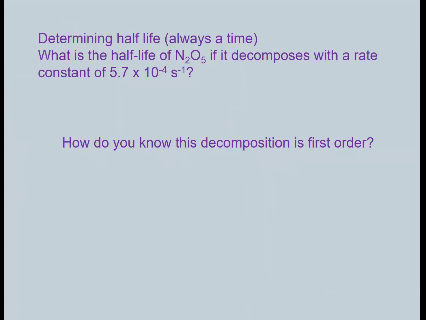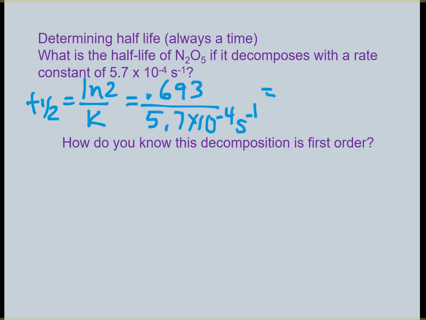Let's do another half-life. This says, what is the half-life of N2O5 if it decomposes with a rate constant of 5.7 times 10 to the minus 4 seconds to the minus 1? So I'm going to write my half-life formula and plug in what I know. And I go ahead and divide that through, and I get 1200 seconds. And just to make that number a little more manageable, I can divide by 60 and I get 20 minutes.